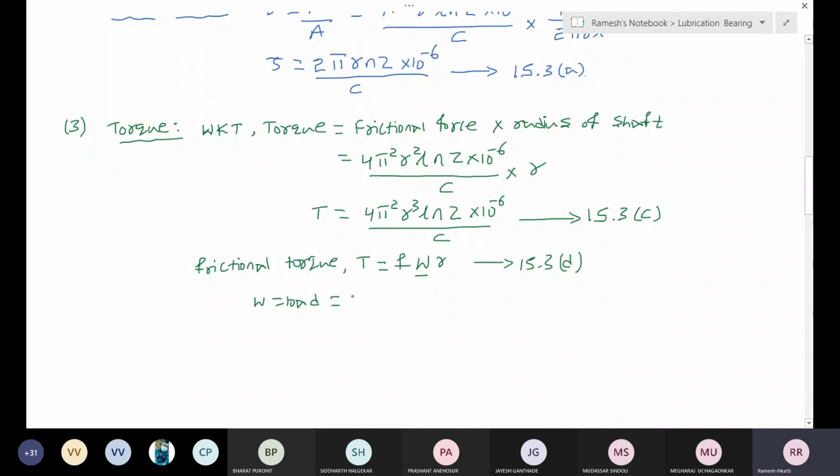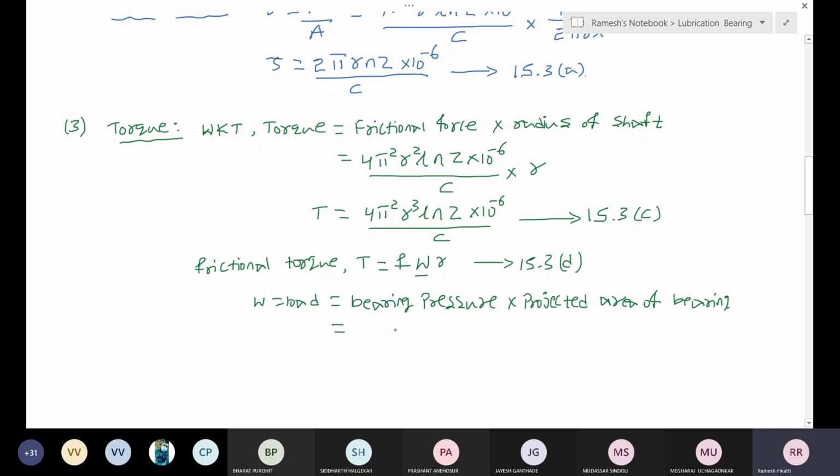Load is nothing but the bearing pressure multiplied by the projected area of the bearing.